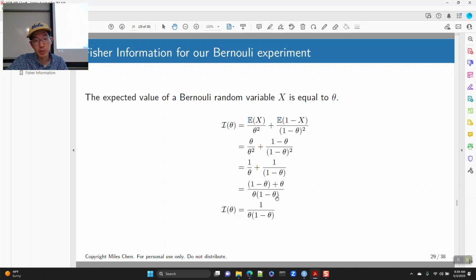You can multiply the top and bottom by 1 minus theta, combine these fractions, and it simplifies to 1 over theta times 1 minus theta. And so that's the amount of information that we get for theta based on one observation of the Bernoulli.